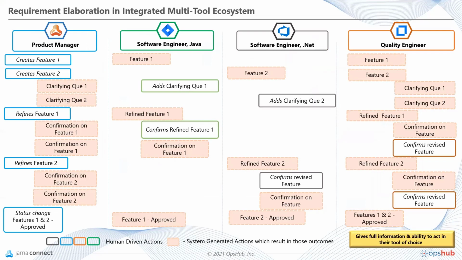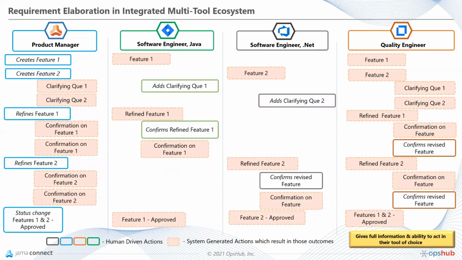So this slide gets a little crazy here, but basically what we're showing is you've got a product manager who creates a couple of features, one feature for our Java team and one feature for our .NET team. We'll show how each of the Jira team and the Azure DevOps team has clarifying questions about that feature, which then gets synced automatically back to the product manager.